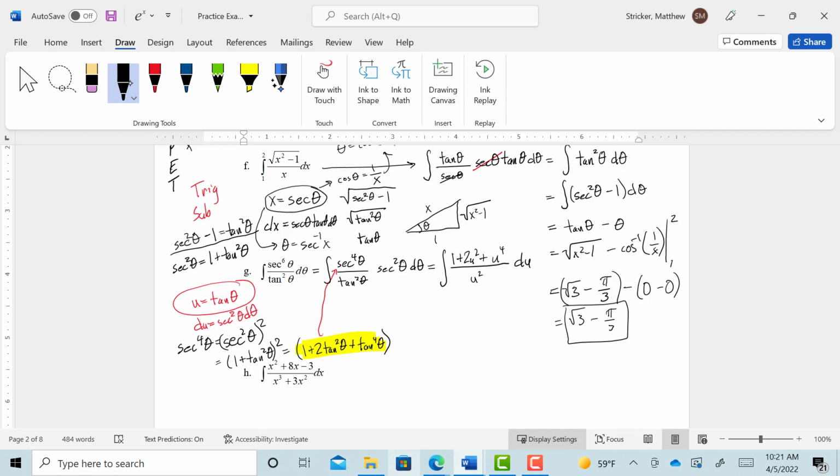And then you may have never done this before, or it may have been a while since you integrated something like this, but what I would do here is just split this apart. You could also do long division if you wanted, but to me I think it's easier to just make this the integral of 1 over u squared plus 2u squared over u squared plus u to the 4th over u squared du.